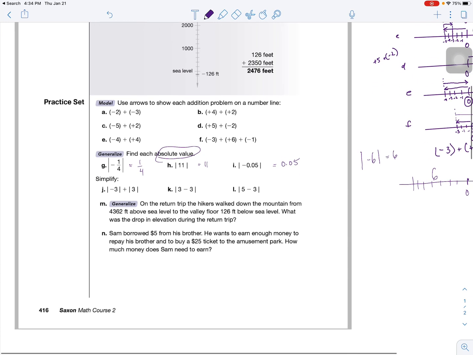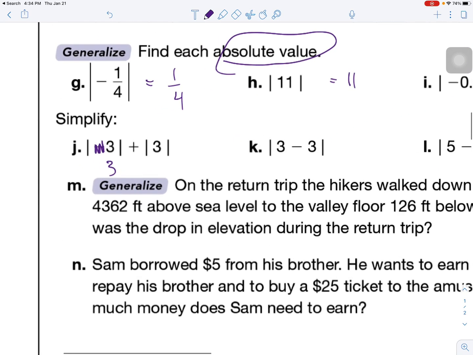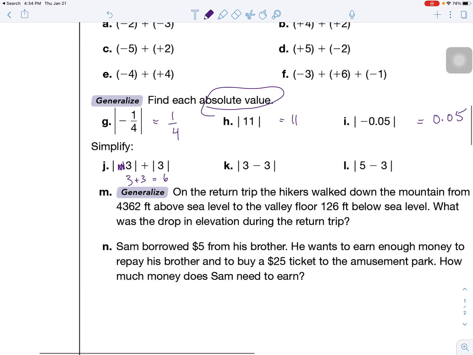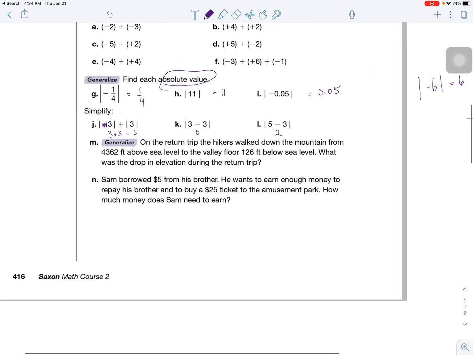Okay, now simplifying this question, if absolute value has no relation to a negative number, it only has the regular number, then J would be 3 plus 3, so it would equal 6. The absolute value of 3, take away 3, is 0, because it doesn't have a positive or negative. The absolute value of 5, take away 3, is 2. Hopefully that makes sense. We're going to get through it more later on.